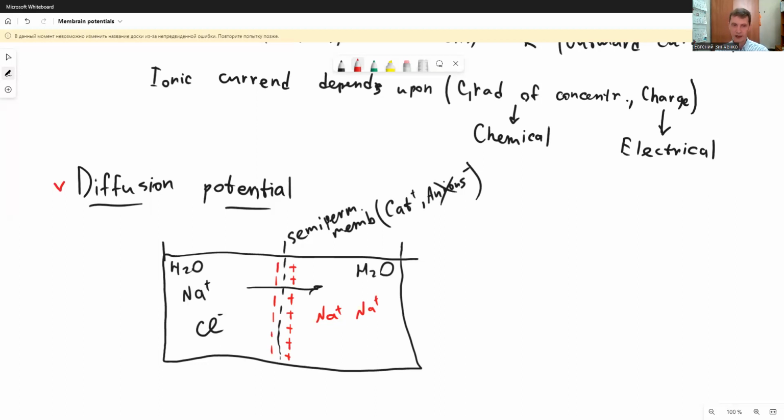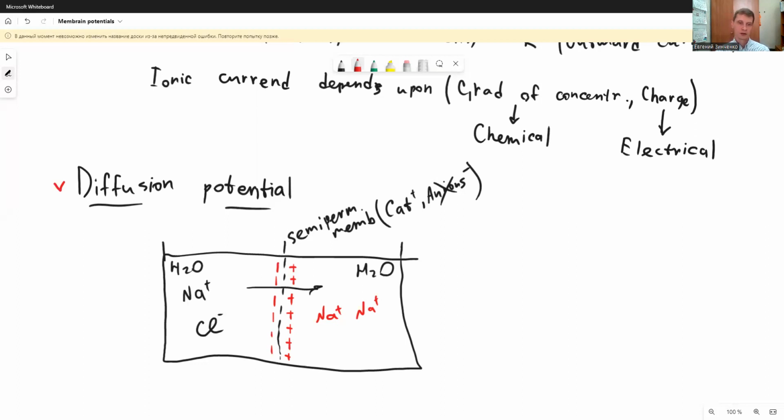This movement of the ions depends upon two factors, as we know: gradient of concentration and charge on the semi-permeable membrane. And we can see a situation when diffusion of the ion will create conditions that will influence the movement of the same ion. Okay, sodium creates a charge that influences the diffusion of the sodium.